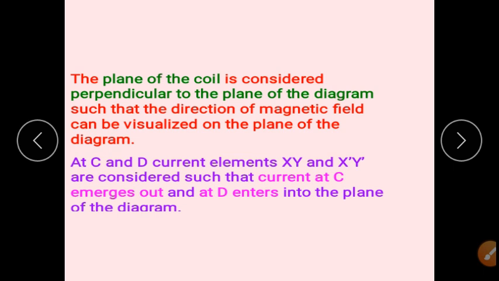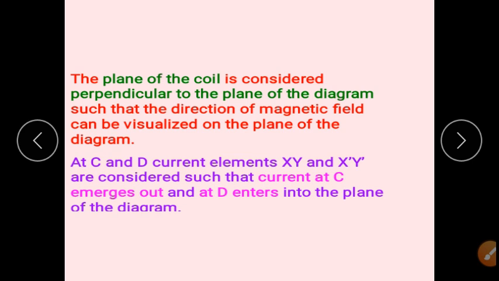All these are noted here. The plane of the coil is considered perpendicular to the plane of the diagram. It's already said there, such that the direction of magnetic field can be visualized on the plane of the diagram. At C and D, current elements xy and x dash y dash are considered such that current at C emerges out. It's already explained.